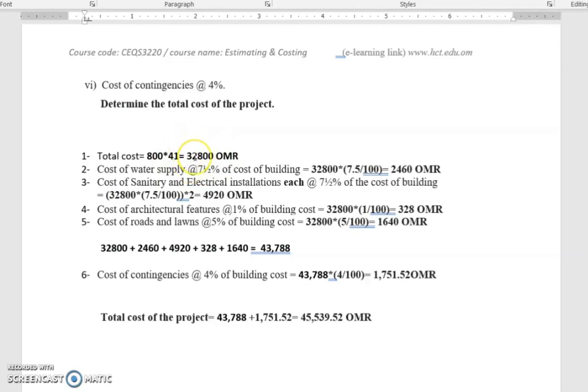Because this number represents a part of the total cost of the building. يعني احنا لا نستطيع أن نضرب الـ 4% بسعر المبنى الأساسي كما نضرب سعر الووتر سبلاي أو سعر الأركتكتشرال فيتشرز بسعر المبنى. لا، الكونتنجنسي ليست نسبة من سعر المبنى الإنشائي وإنما نسبة من سعر المبنى ككل.